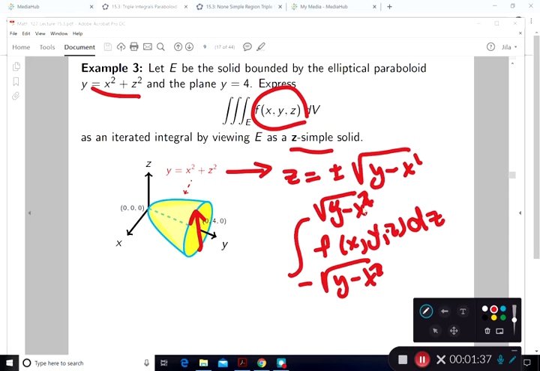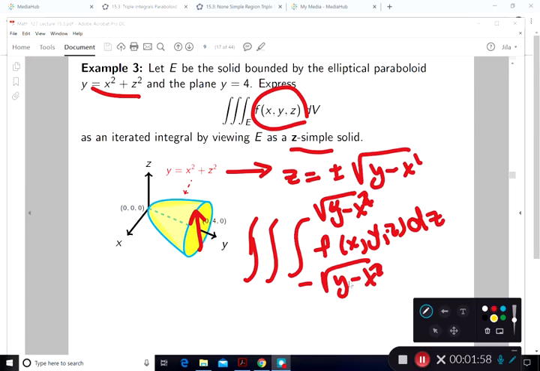And so now the next question is, how do I set up the outer integrals? I know that there's a double integral that goes out there, and I want to figure out the bounds for it.